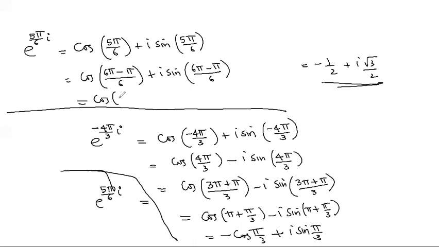That is cos pi minus pi by 6 plus i sine pi minus pi by 6. So here it will be cos pi by 6 minus i sine pi by 6. But this is in the second quadrant, no? How come this is in the second quadrant?